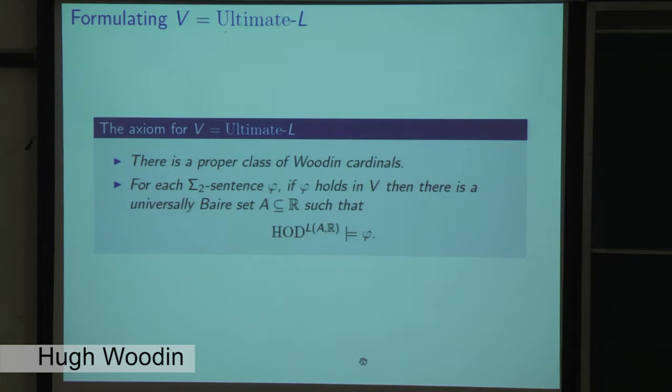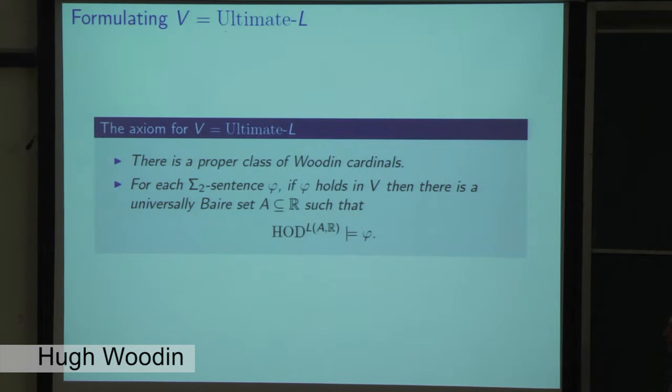And then that motivates the formulation of the axiom V is ultimate L. The intuition, as in fact John talked about, is that these should be L-like models. They in fact should be strategic extender models. So the universally bare sets are just handing us a wealth of naturally occurring strategic extender models.